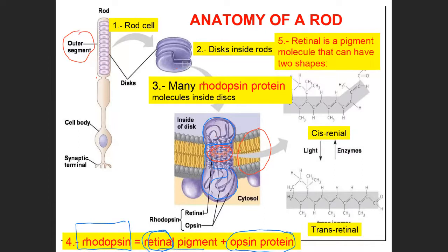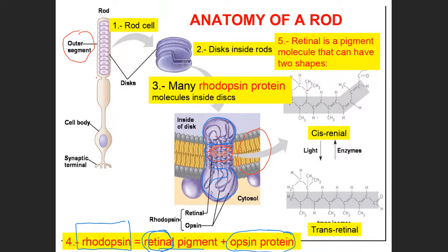What happens to retinol is that before light hits, the molecule is made by these rings of carbon atoms with this tail of carbon atoms.